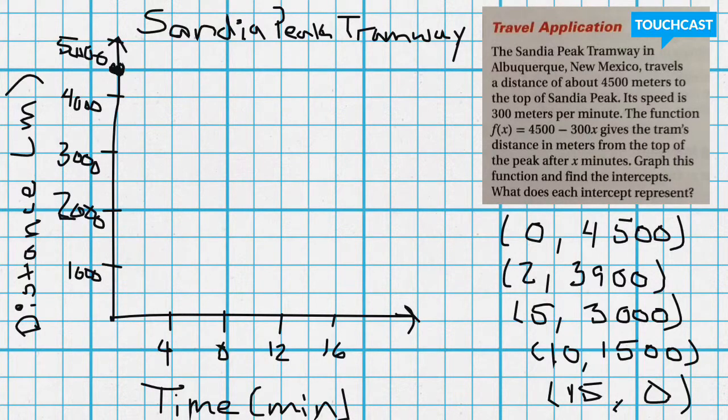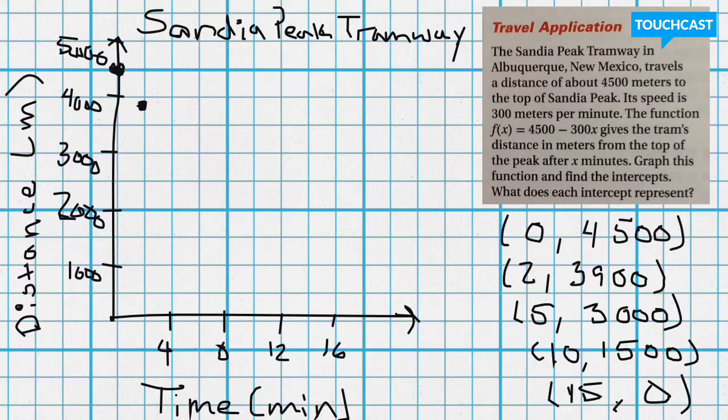Then at 2 minutes, we have 3,900 as our distance. So from 2, we'll go up to just almost 4,000 and plot our point. At 5 minutes, we've got a 3,000 distance. So 5 is between the 4 and the 6.